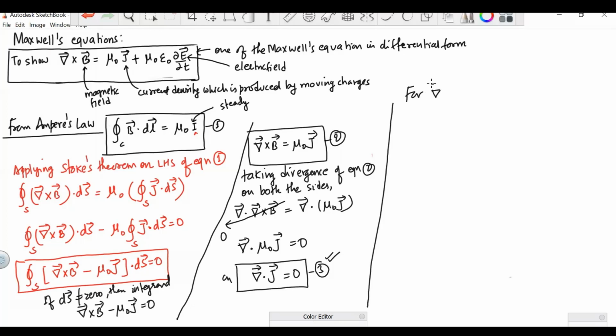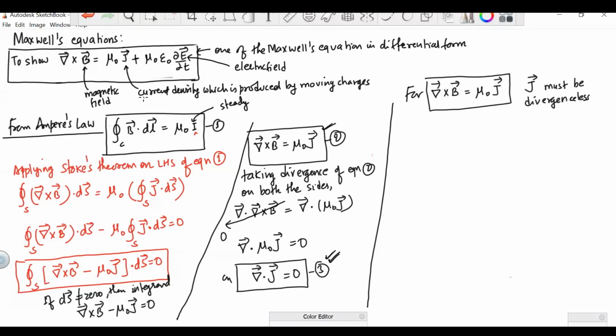For curl of magnetic field equals mu naught J, that is current density, for this to happen, J must be divergence less, because we have taken divergence of equation second, and finally we have obtained divergence J equals 0.